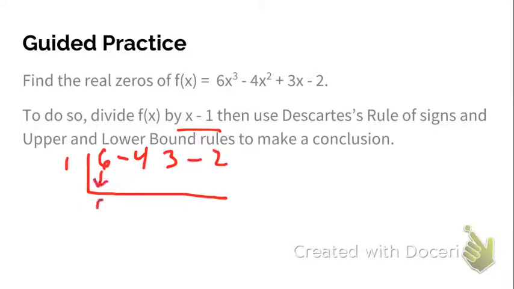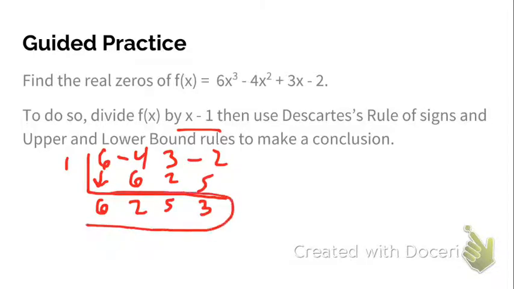Bring down the 6, multiply and get 6, then add, we get 2, multiply, we get 2, add, we get 5, multiply, we get 5, add, we get 3. So this entire bottom row is all positive, so they're all non-negative, which means 1 is an upper bound.